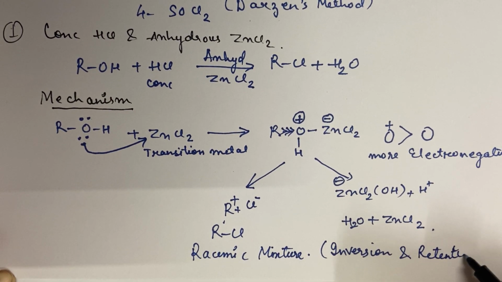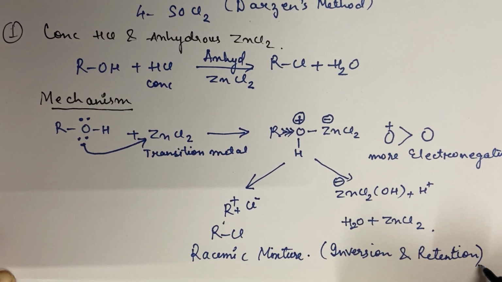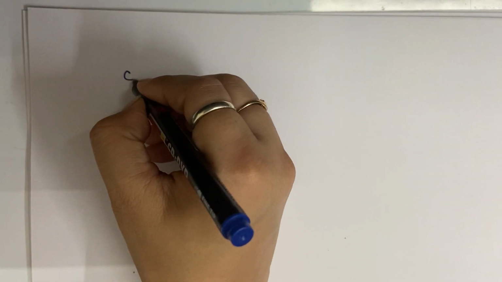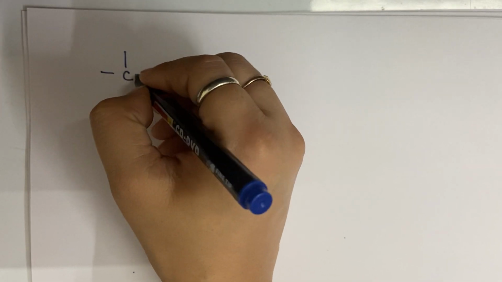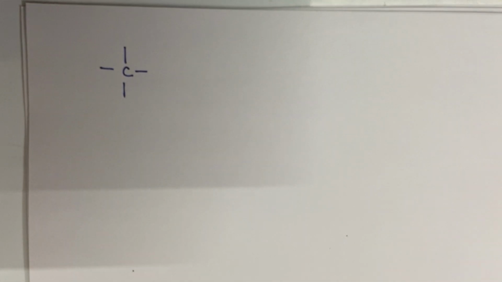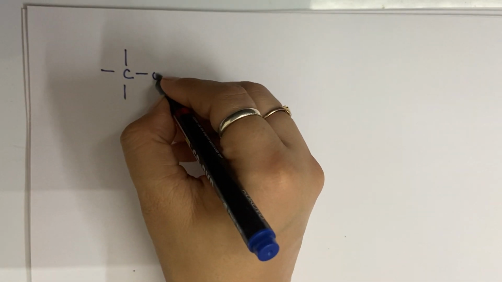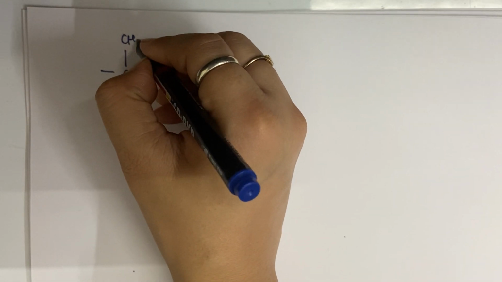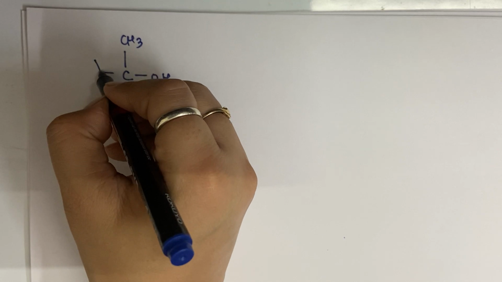Let me just give you an example for understanding what is retention and inversion. See, suppose you have a chiral carbon. Chiral carbon is that carbon which is having all four elements attached with it different. So one side it is OH, one side it is H, this side it is CH3, and this side it is phenyl.